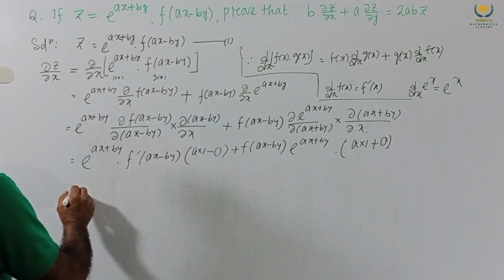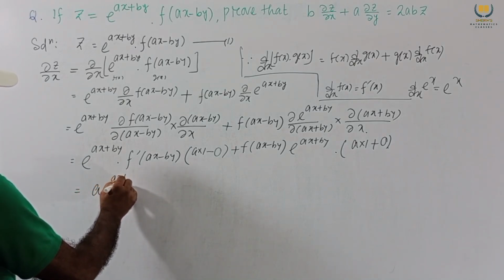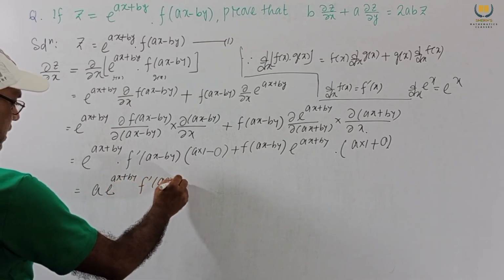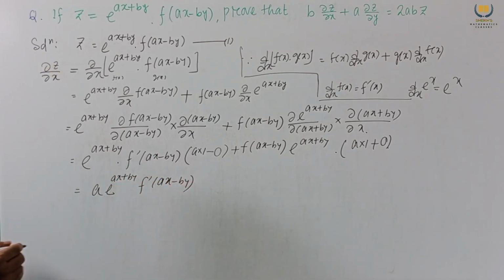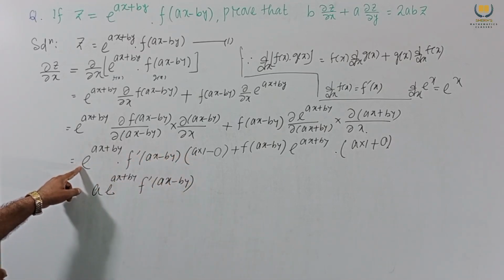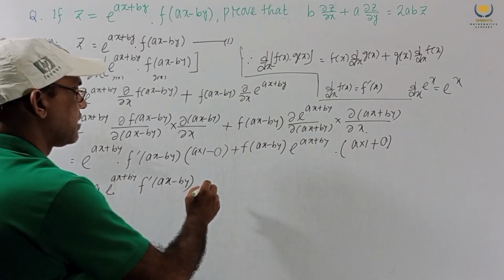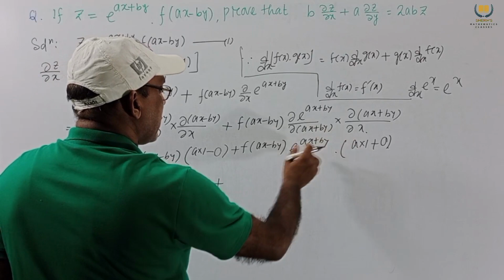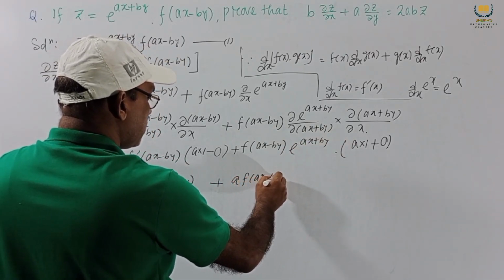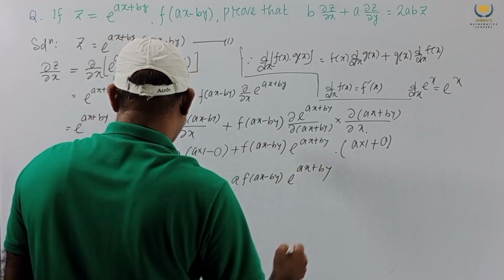And here we get e to the power ax plus by f dash of ax minus by. We get this a multiplying here, e to the power ax plus by, f dash of ax minus by. And here we get a f of ax minus by e to the power ax plus by.